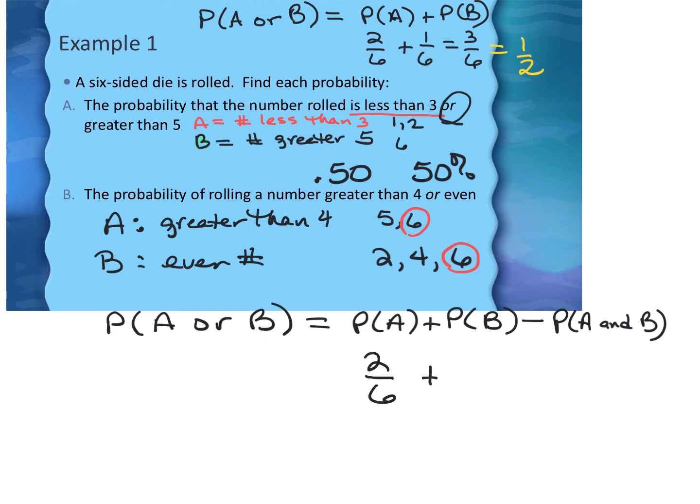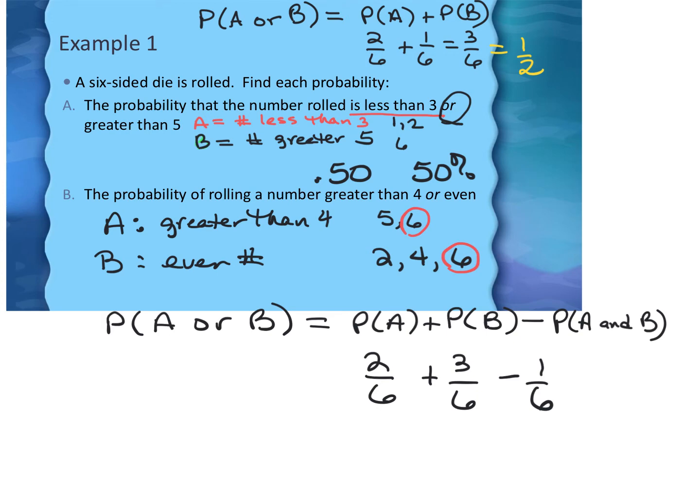The probability of rolling an even number, there are 3 even numbers out of the 6. And now the amount that you're going to subtract is both of them together. So a number that's greater than 4 and also even. And there's only one of those, so we would subtract 1 over 6.